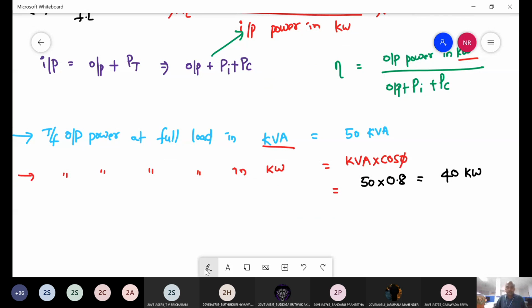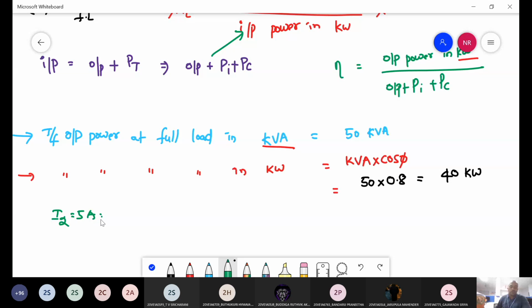Here the transformer current is given, at the secondary side. I2 is how much here? It is 5 amps. Then P, that is kVA power, what is that formula? That is V into I only. Power in the transformer, in the primary as well as secondary, is the same.